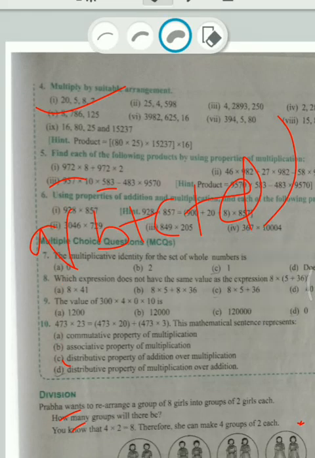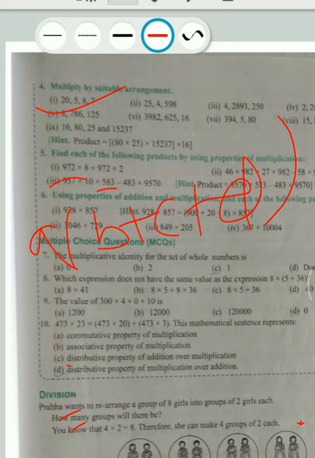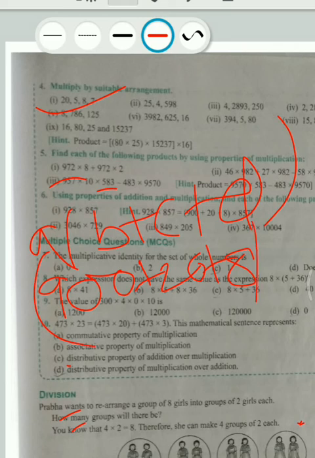So it became 900 plus 20 plus 8, into 857.